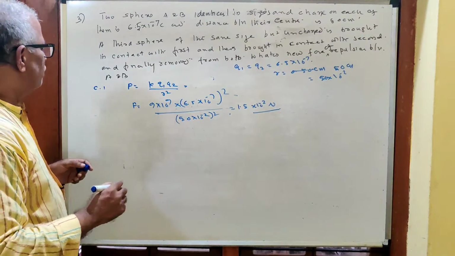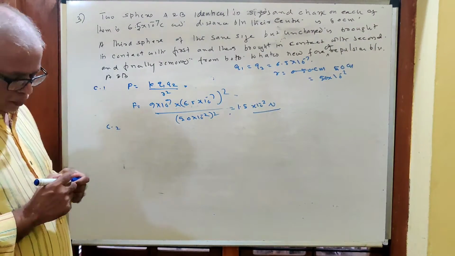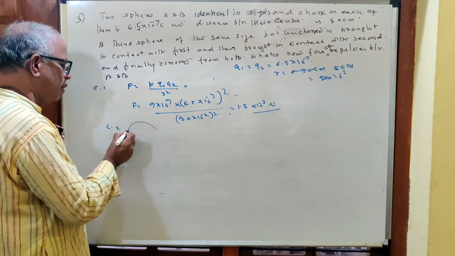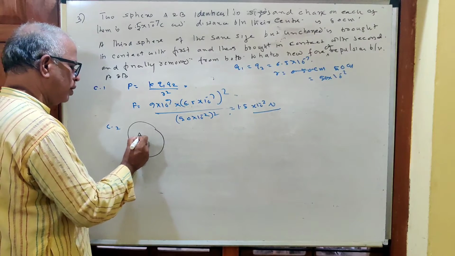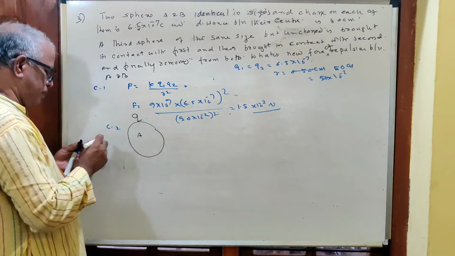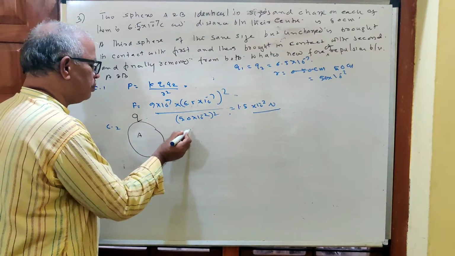Now case 2, what is done is, first one sphere A, this charge Q is there. Then another sphere C is brought here.